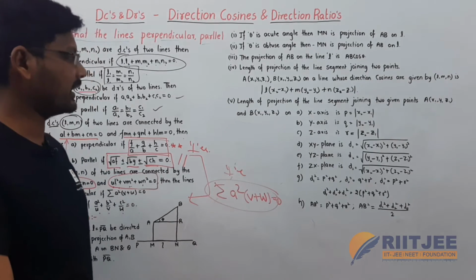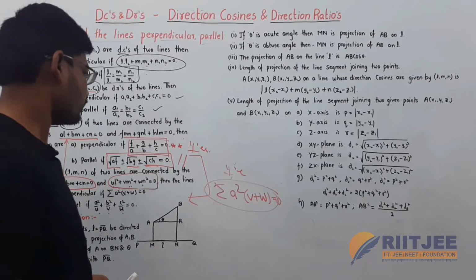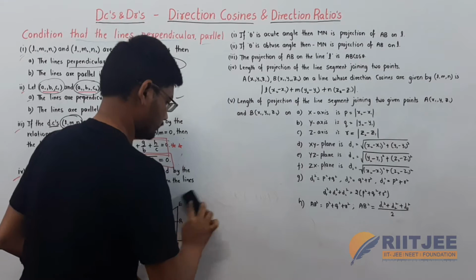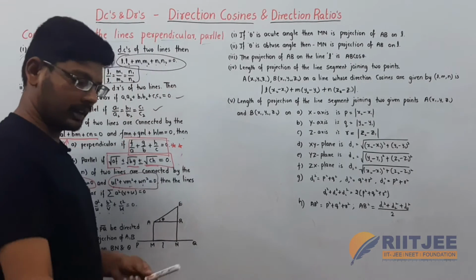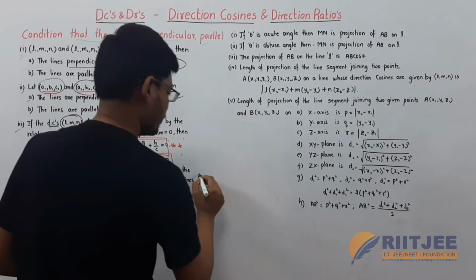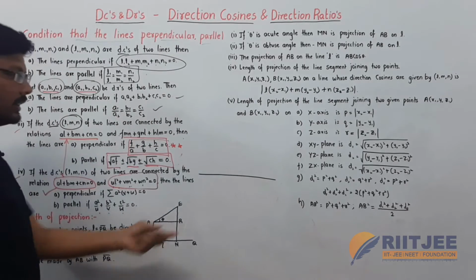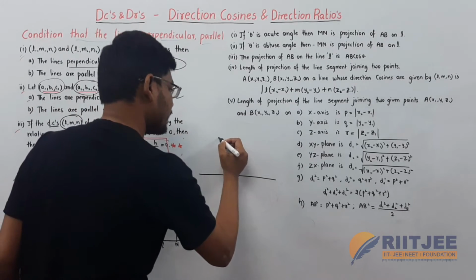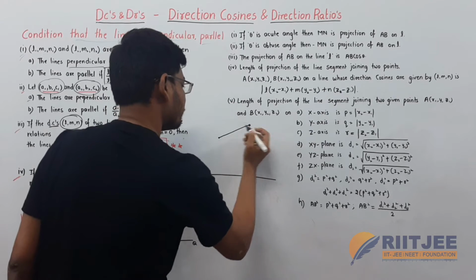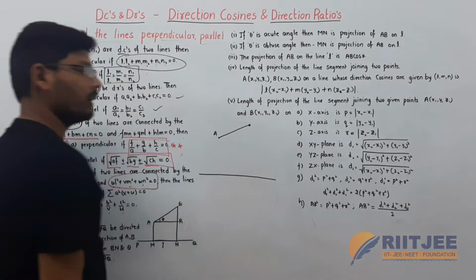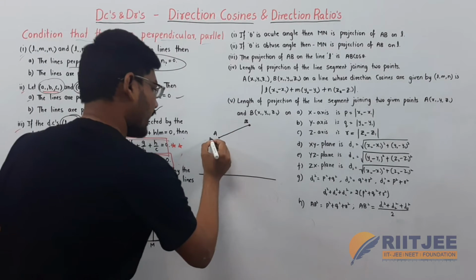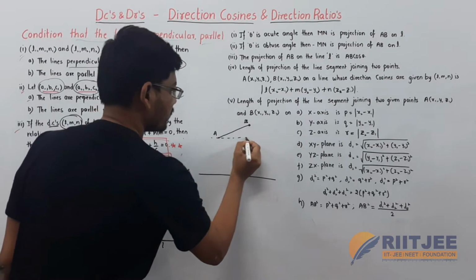Length of projection: first of all we should discuss the projection of a point. I am taking this diagram here. See here, this is a line, and this is a surface.